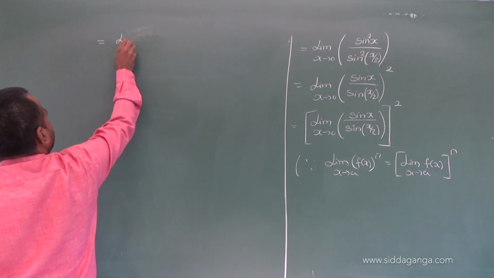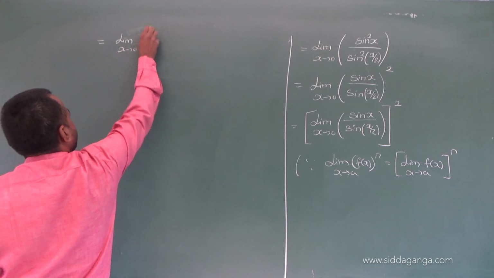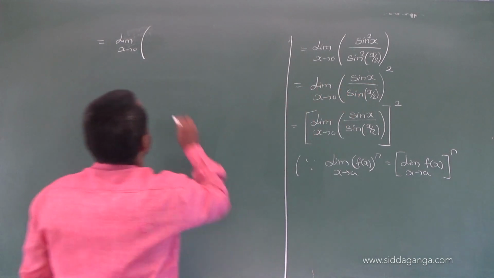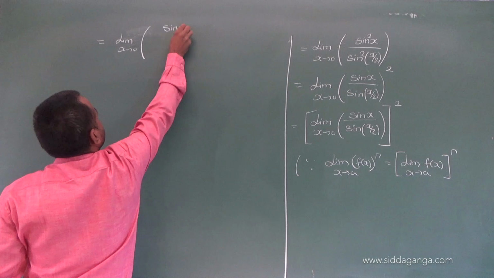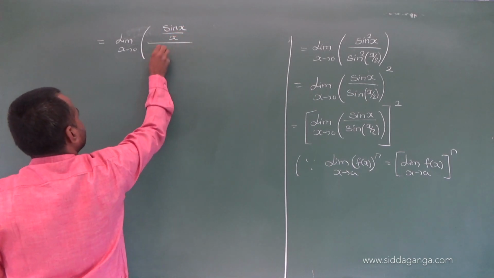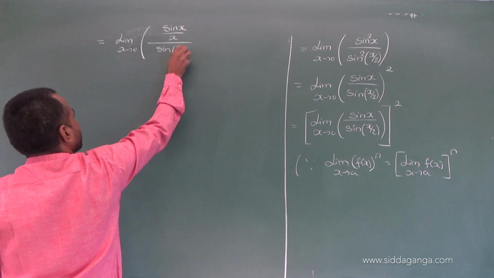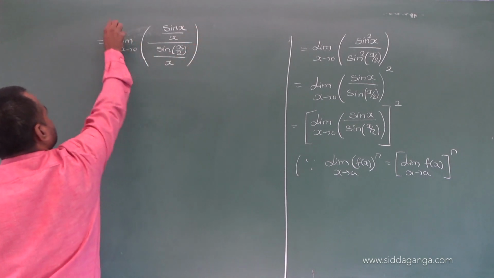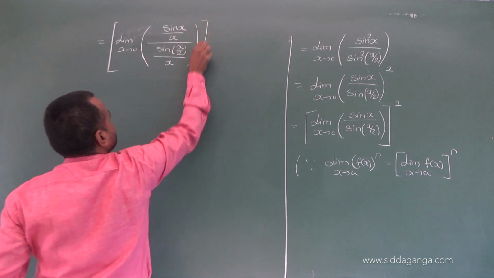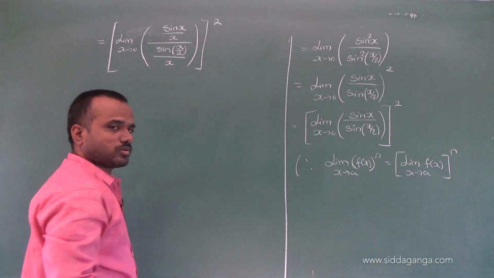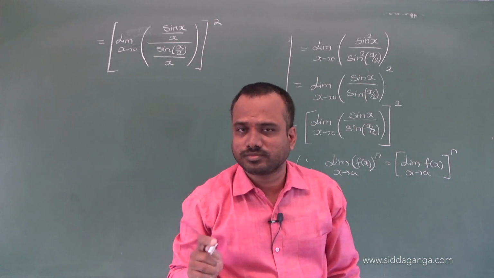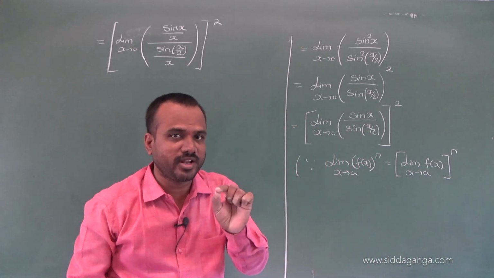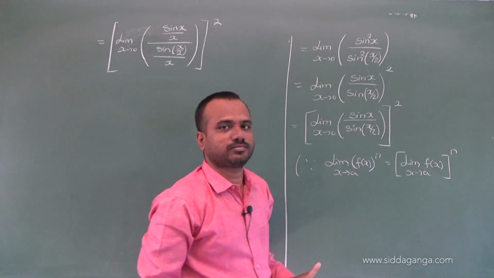Before that, we divide both numerator and denominator by x: sin x by x, and sin of x by 2 by x, whole square.